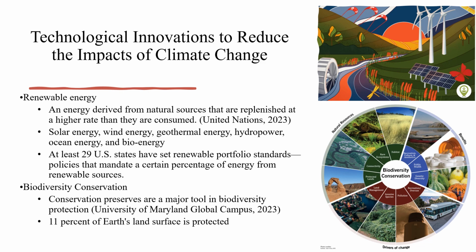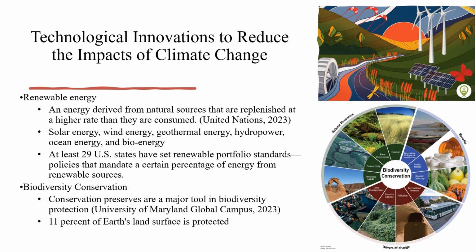Such renewable energies are solar energy, wind energy, geothermal energy, hydropower, ocean energy, and bioenergy. All these renewable energies will limit the warming of our atmosphere and the thinning of the ozone layer. 29 US states have set renewable portfolio standards, or policies that mandate a certain percentage of energy from renewable sources.